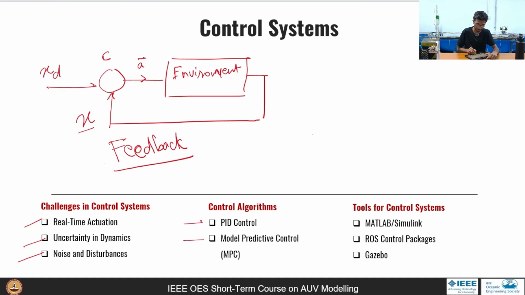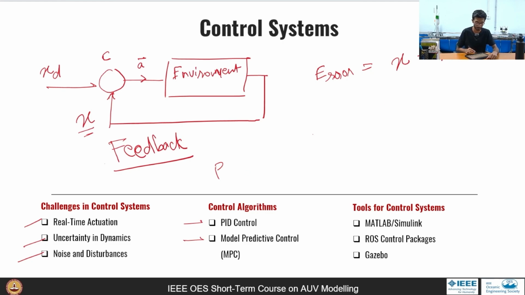Some of the popular control algorithms to be considered can be the PID control algorithm, which essentially considers an error factor. The error we are defining as the difference between the current state and the desired state.